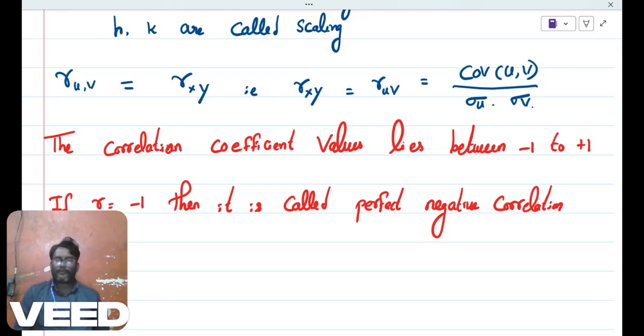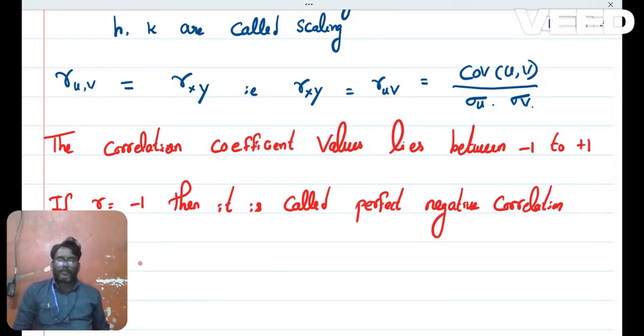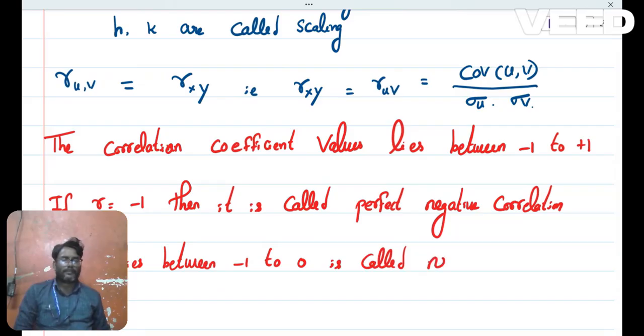If r lies between minus 1 to 0, it is called negative correlation.